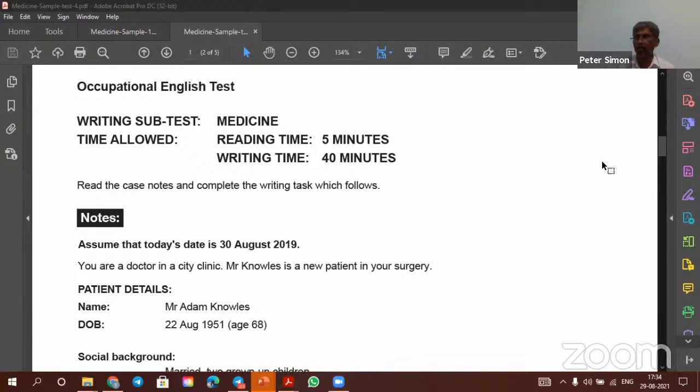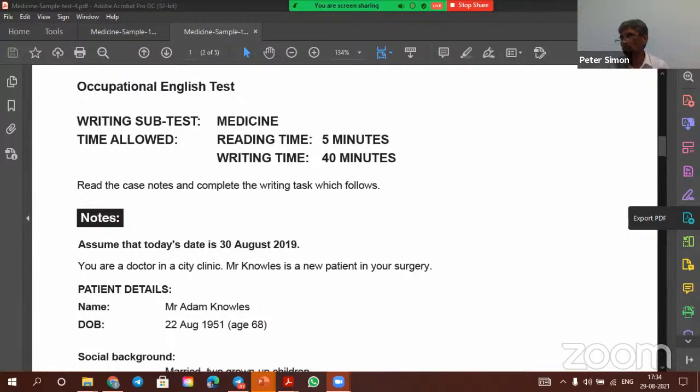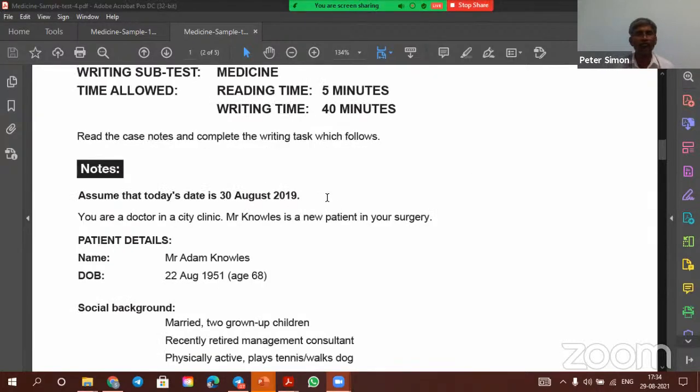Yes, I have sent you the question paper. You can go through the question paper. Place the question paper in front of you.